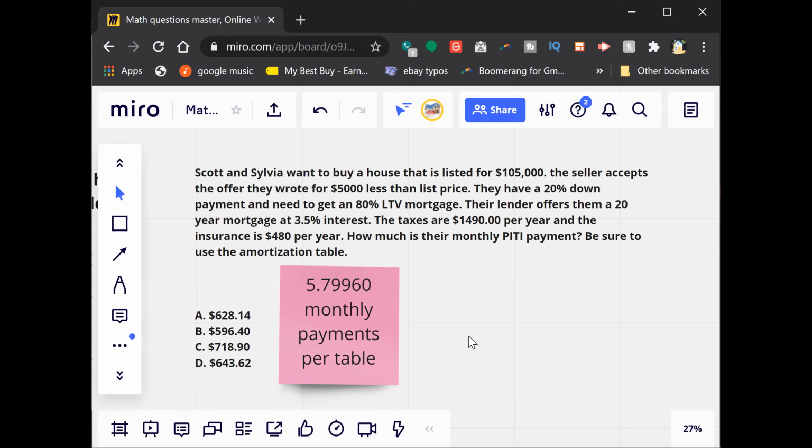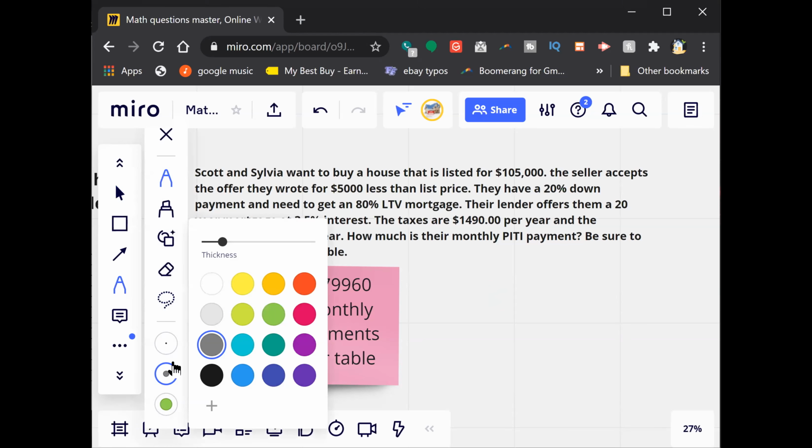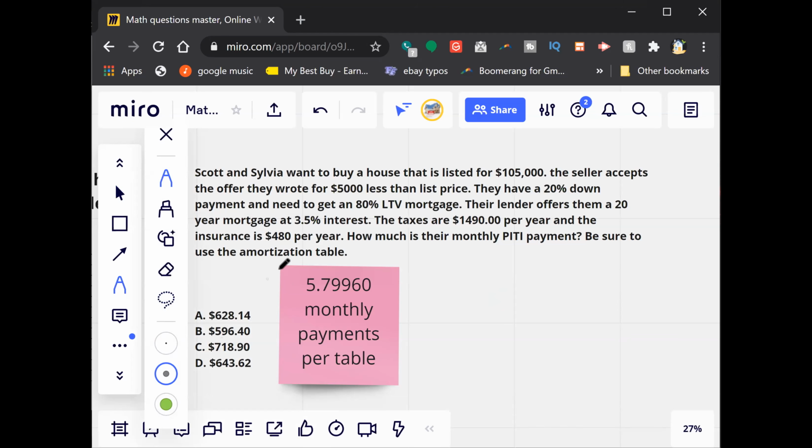Their lender offers them a 20-year mortgage at 3.5% interest rate, and that would yield you, basically, you would go to the amortization table, go up, down, get that number, and this would be it, the 5.79960. Okay. The taxes are $1,490 per year, and the insurance is $480 per year. How much is their monthly PITI payment? Be sure to use the amortization table. Well, we already did that.